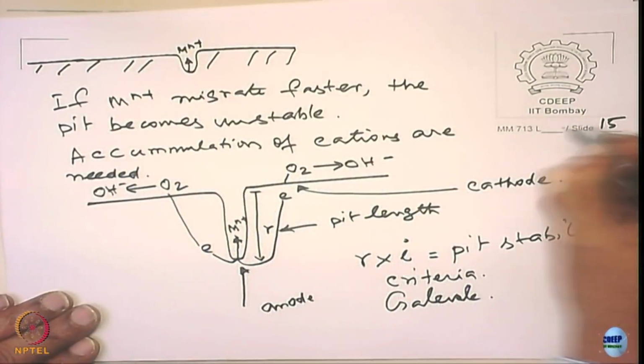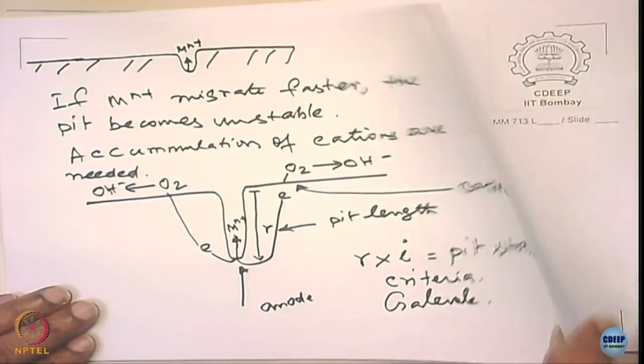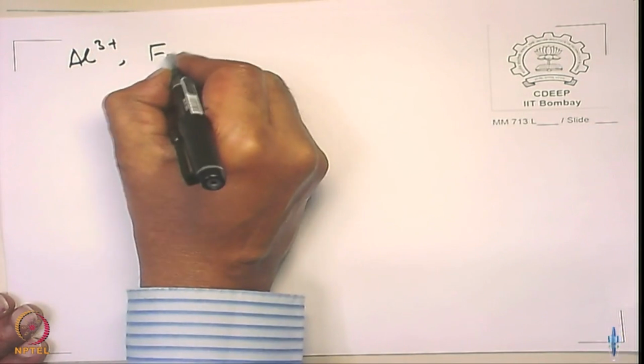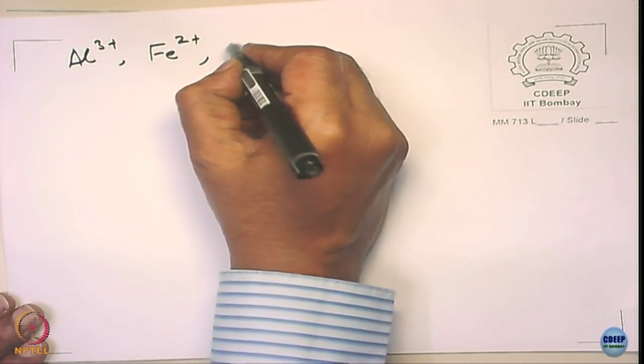So I will not get into too many things beyond this particular point. Only one thing I want to make a mention of that I think is important, and then we move on to other aspects. Now there are various metallic cations, let us say aluminum, iron 2 plus, 3 plus, whatever, let us say chromium.